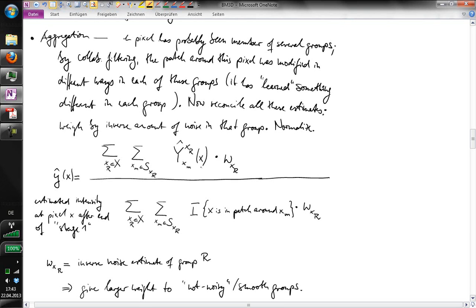The idea is not that difficult, but it's really hard to write it down simply. So we are looking at all the groups XR which have the current pixel in it. So Y hat is 0 padded.